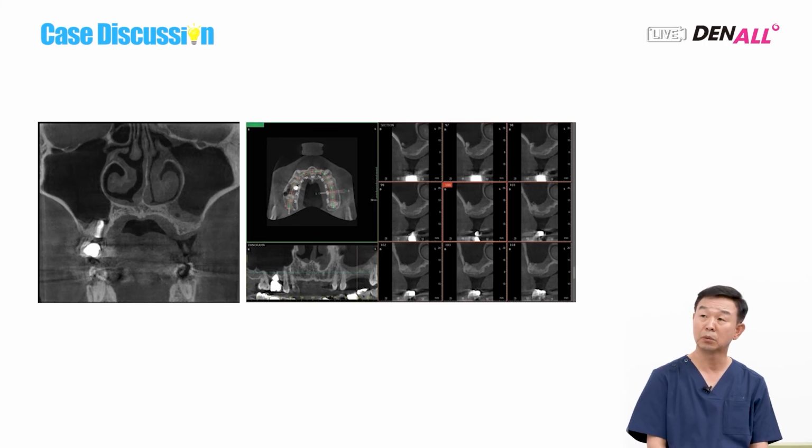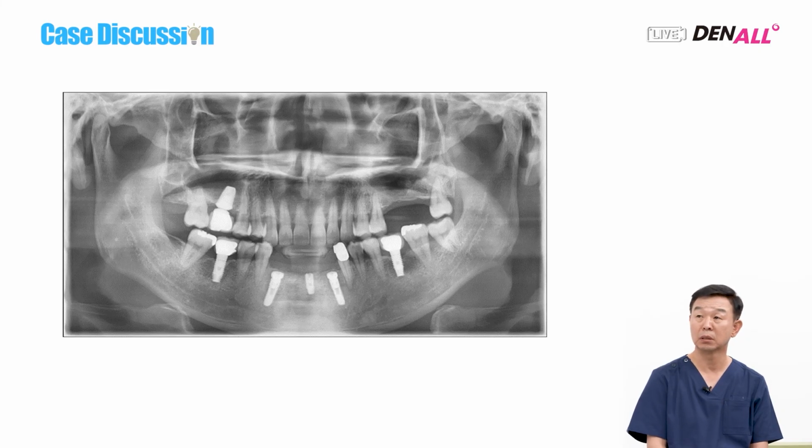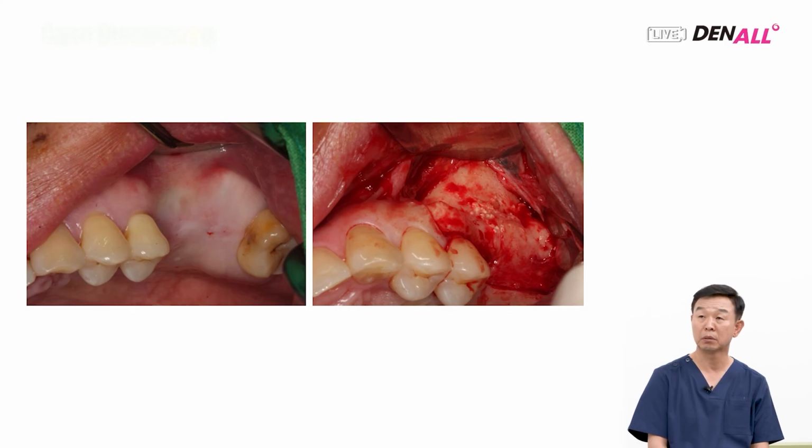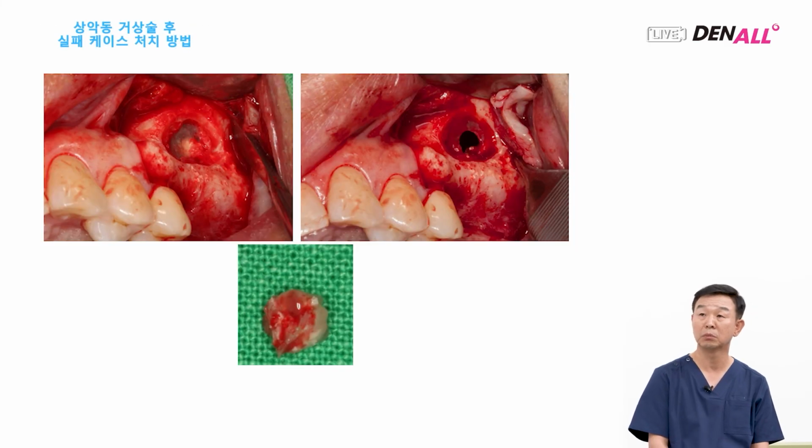This is after 3 or 4 months. If you look at the CT, on the lateral side, you can see the bone grafted a long time ago. So after sufficient time, the lateral approach is performed. This is the residual bone from the bone graft performed during the sinus lift a long time ago.